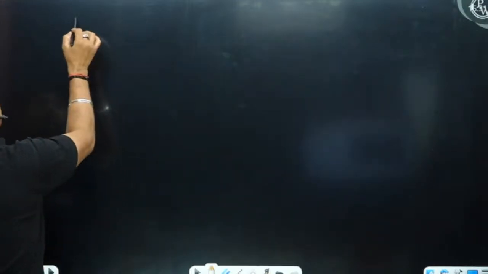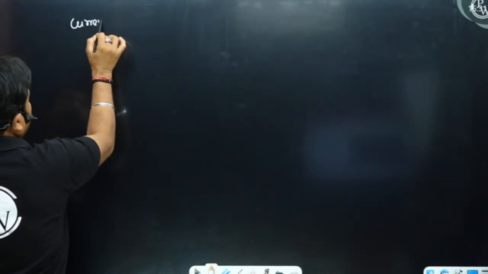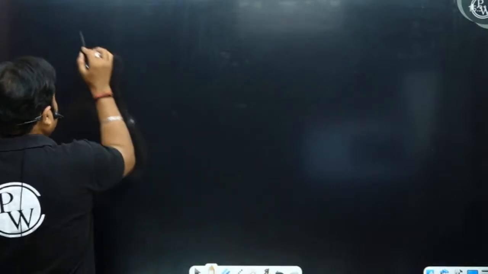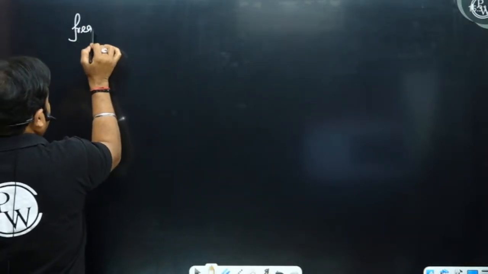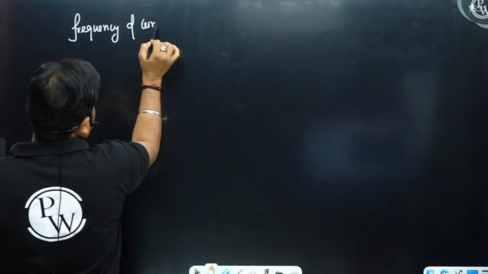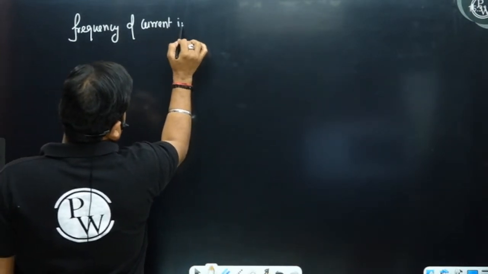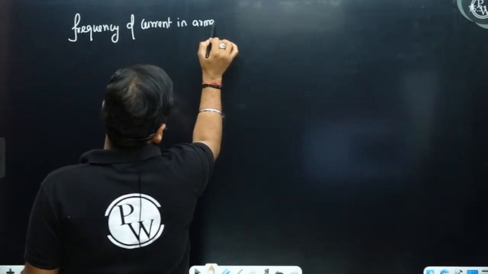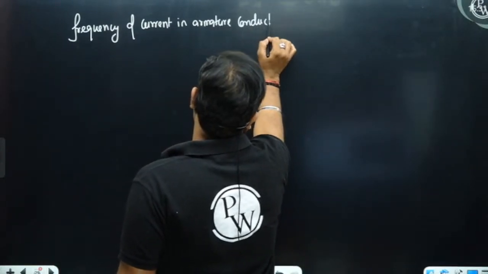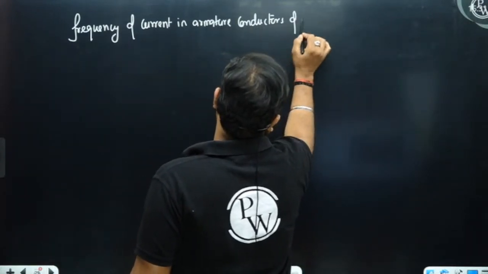So current in the conductor. First, find the frequency of current in armature conductors of DC machine.